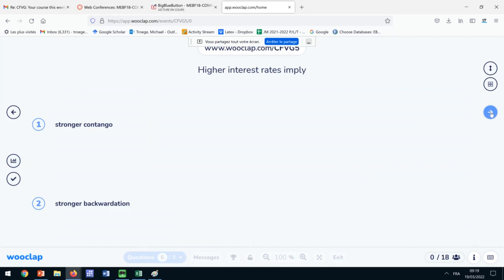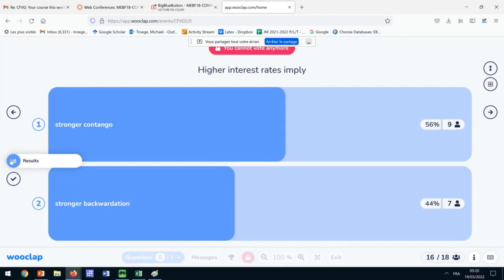What is happening with higher interest rates? Would that lead to stronger contango or stronger backwardation? So to a higher slope or to a lower slope? Higher interest rates will lead to stronger contango.